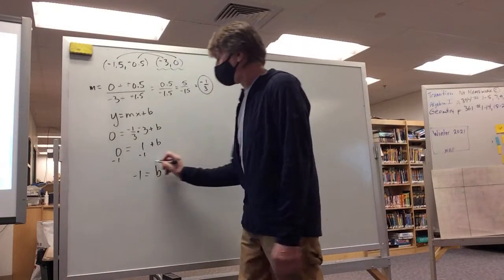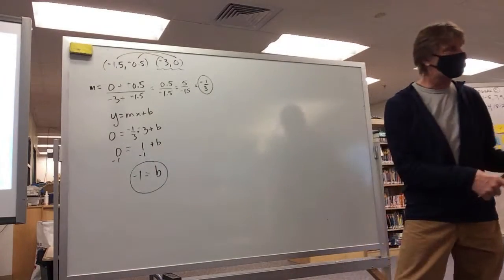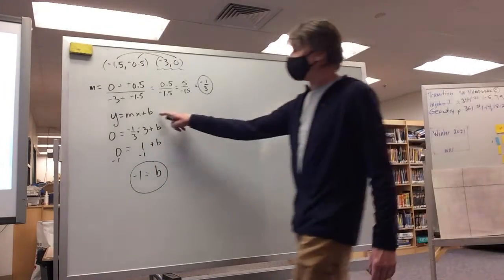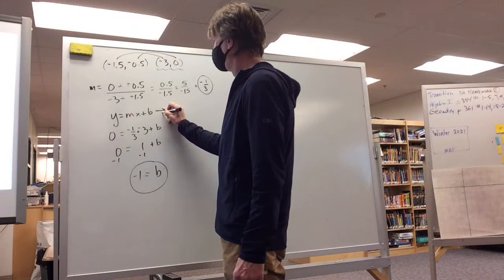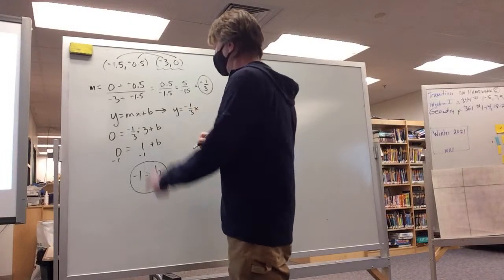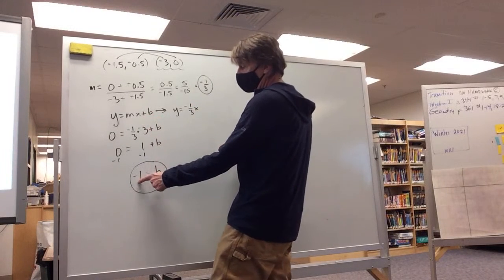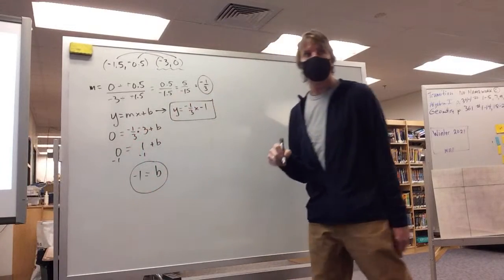So we have our slope, we have our y-intercept. Then you take those 2 and plug them into this equation. And this becomes y equals negative 1/3 x, and then either plus negative 1 or just minus 1. That's your equation.